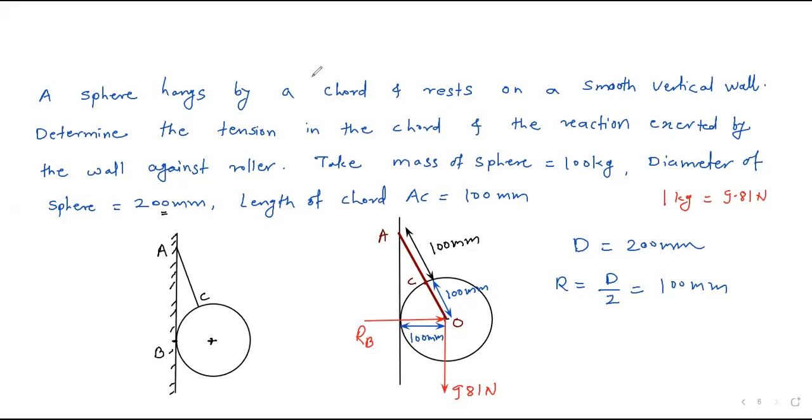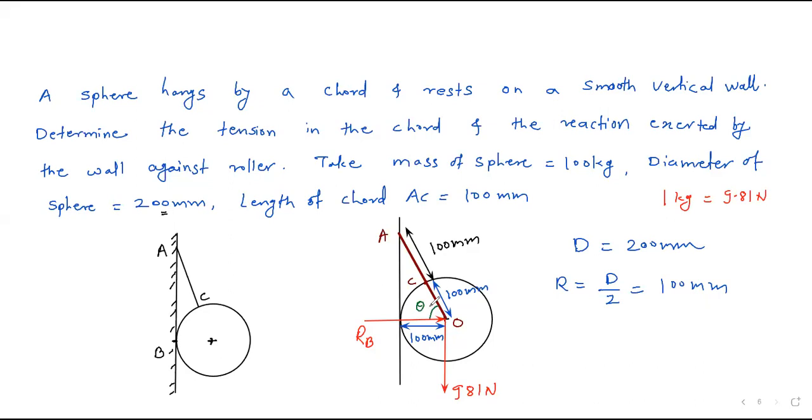Why am I doing all these things? Because first I need to find out this angle. Whenever I want to solve a numerical by using Lami's theorem, the first thing I should know is all the angles. Here nothing is given about the angle, so to find out the angle, we should do something now.